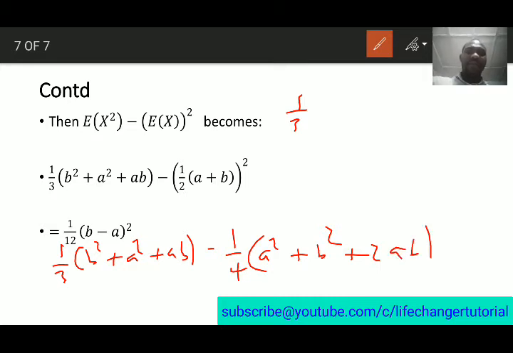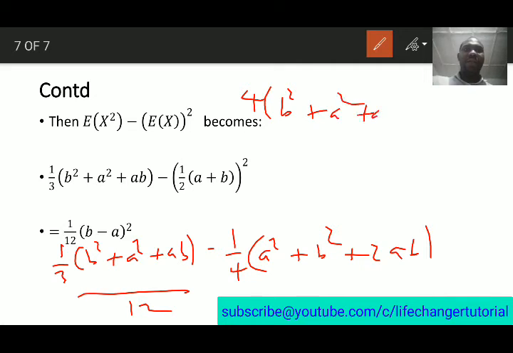If we find the LCM, you see that the LCM is 12. So 3 into 12 is 4, so 4 times that will give us 4 into (b squared plus a squared plus ab).